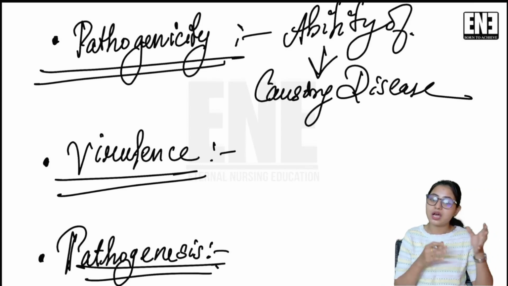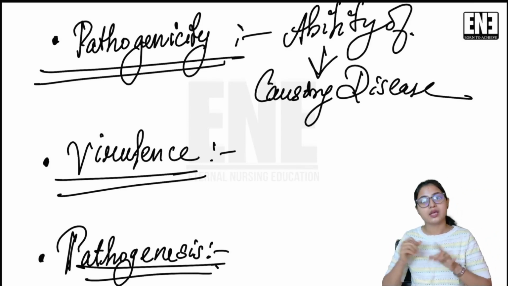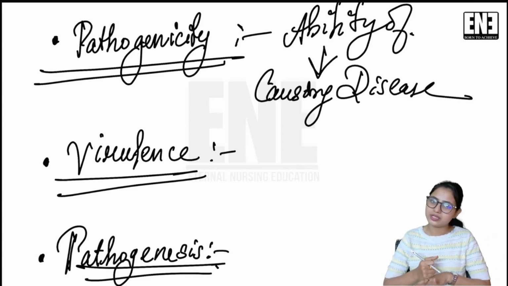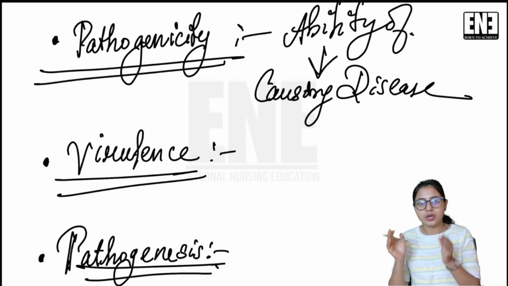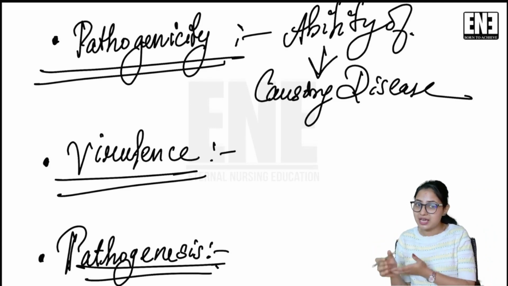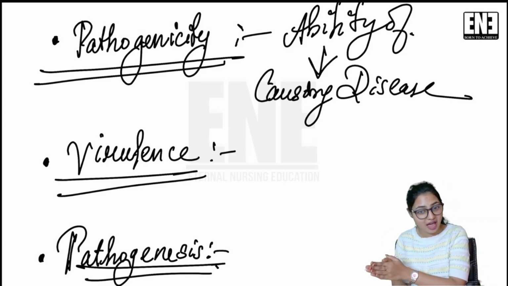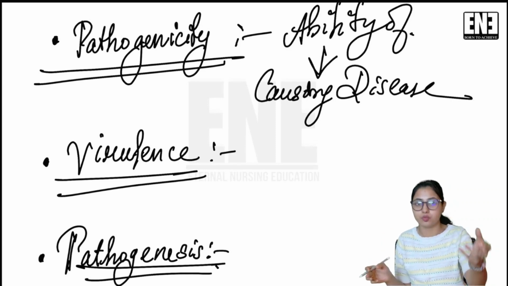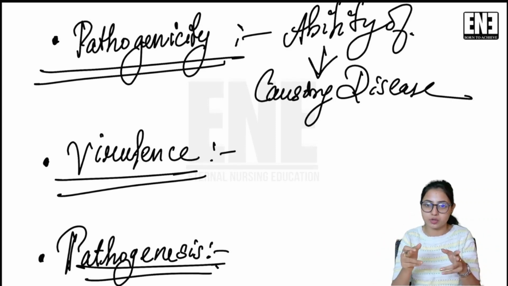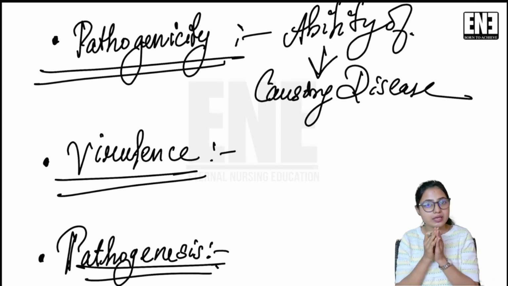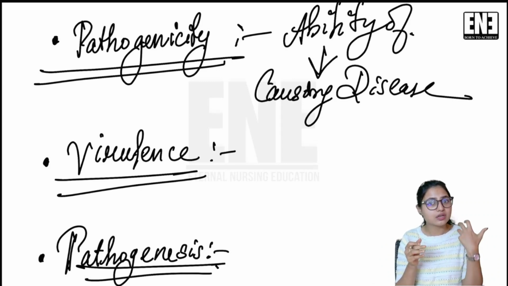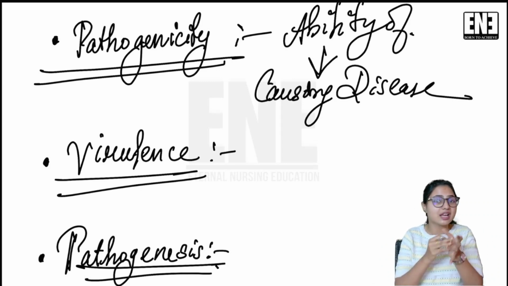Ability of any microorganism, any pathogenic material, or your bacteria or your virus or fungi, anything, how much capability they are having to cause a disease in you. Suppose you are the host, so in you how much they can cause disease, that is their ability.